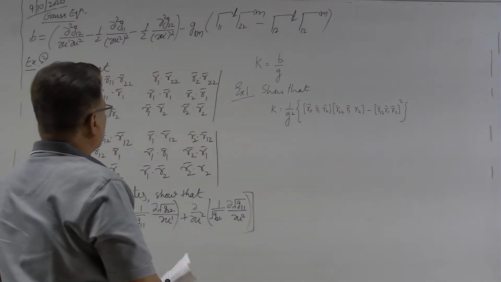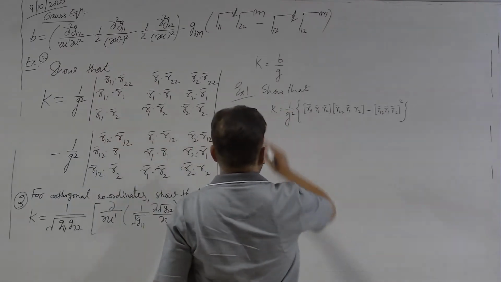This in fact follows directly from the formula K equal to B upon G.